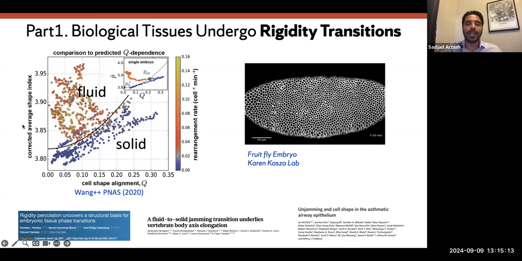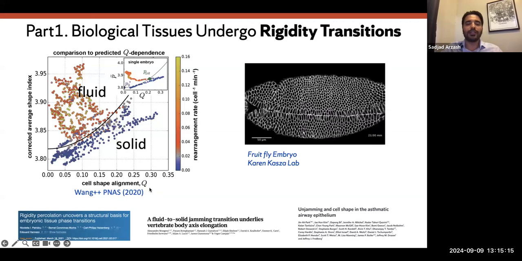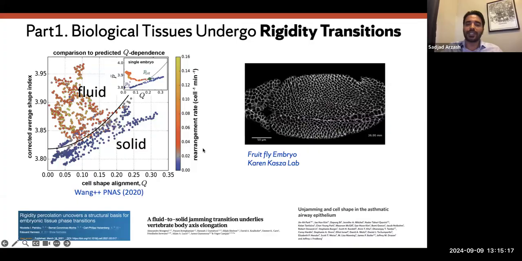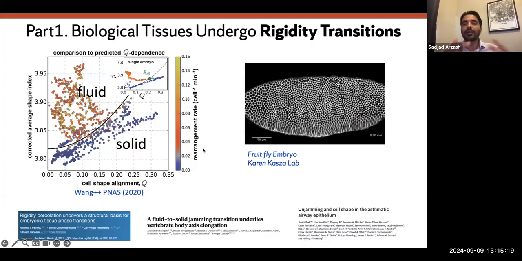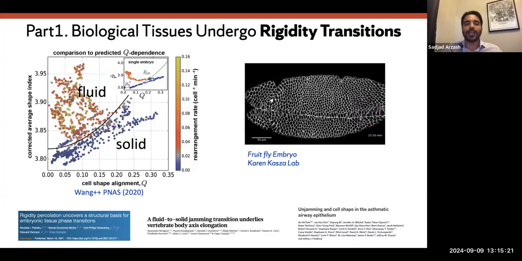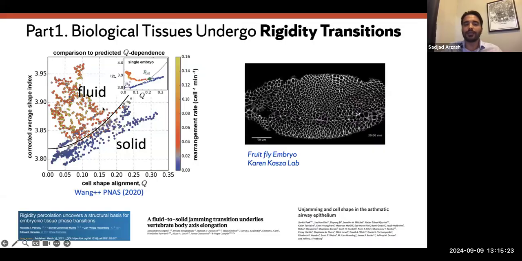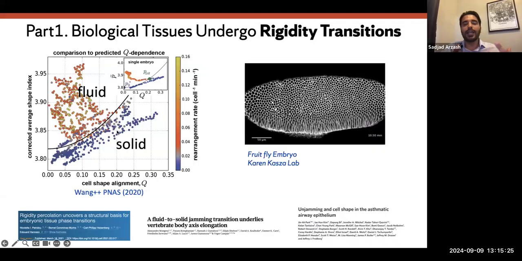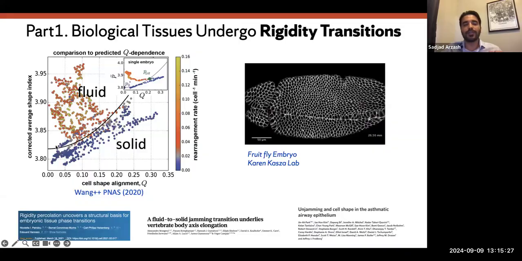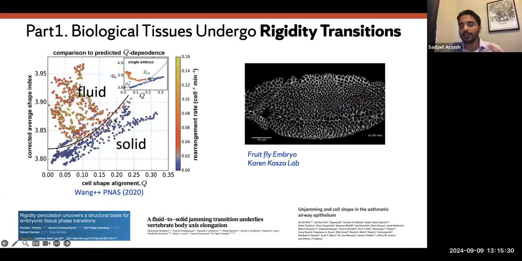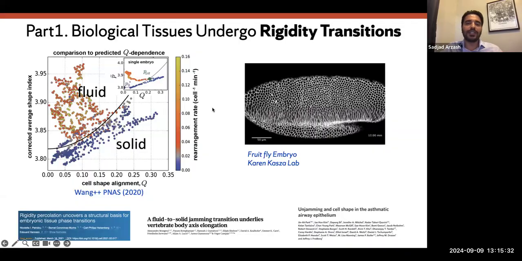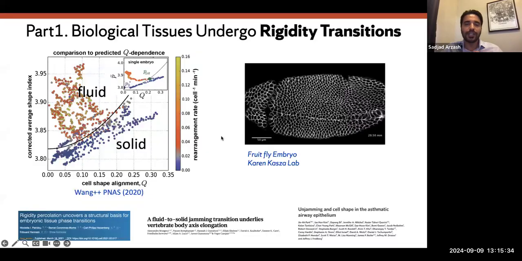So looking at the shape of the tissue, the alignment, and looking at the rearrangement rate of these cells as a proxy for rigidity, you can actually differentiate between solid and fluid-like states, and that can be explained using simple vertex-type models. So this is the question that I'm interested in.